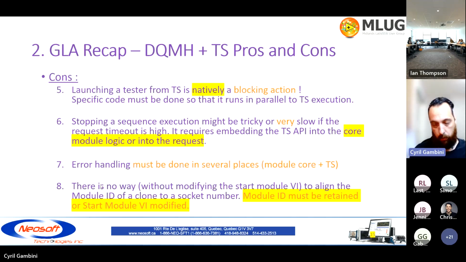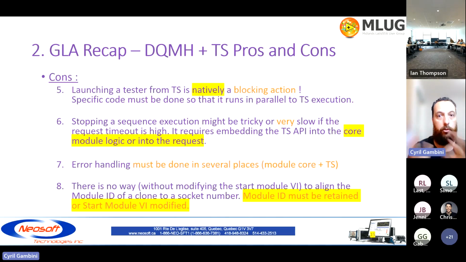And also, if you are testing several UTs and using clonable modules to address each one of these UTs, there is no natural way to align a test socket index to a module ID. So in TestStand, the test socket index identifies a specific execution for a specific UT. And on the other side, you've got module IDs that allow you to control your LabVIEW code.